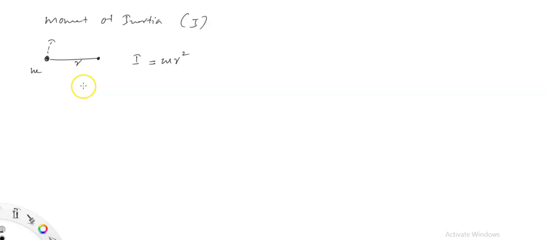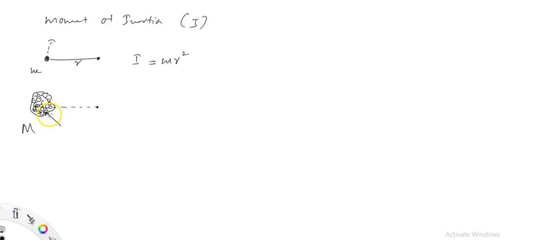Now think about a solid object, something like this, that has some big mass, and you want to find its rotational inertia around some axis like this. So we're going to divide this into a lot of small masses like this, millions of those.